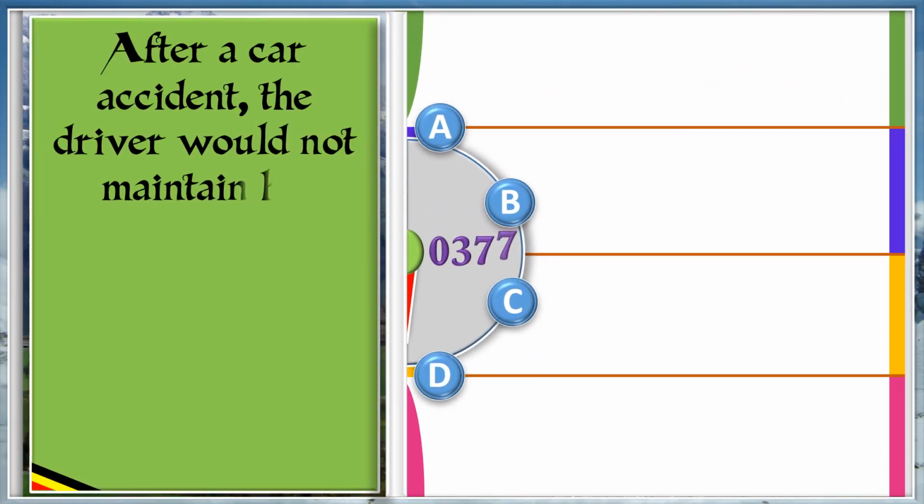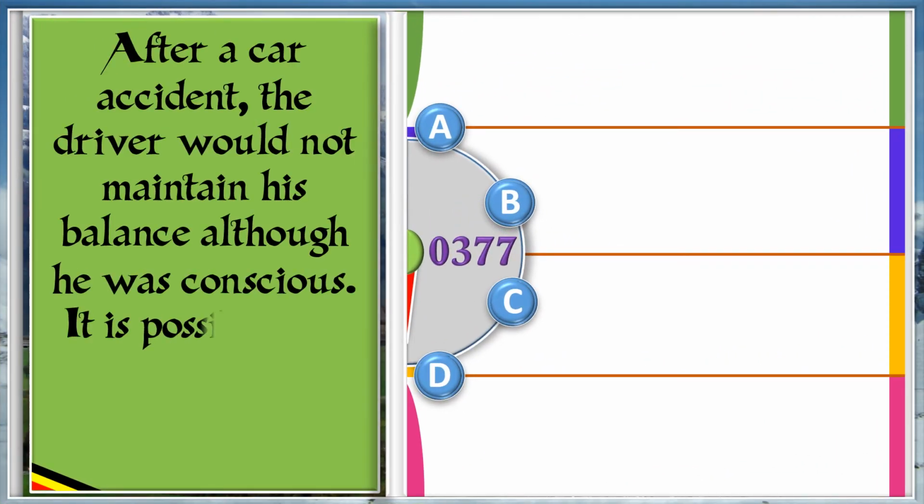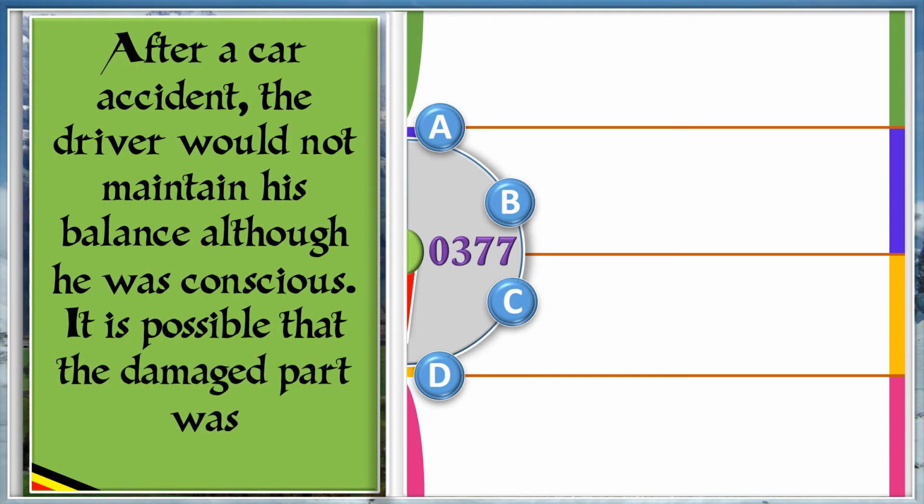After a car accident, the driver could not maintain his balance, although he was conscious. It is possible that the damaged part was A. Cerebrum.